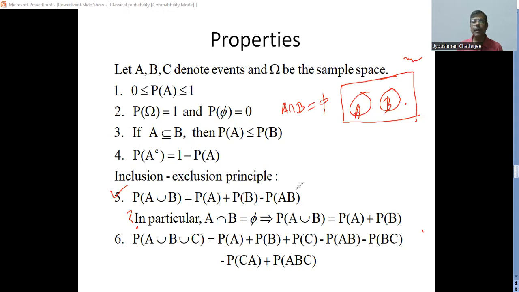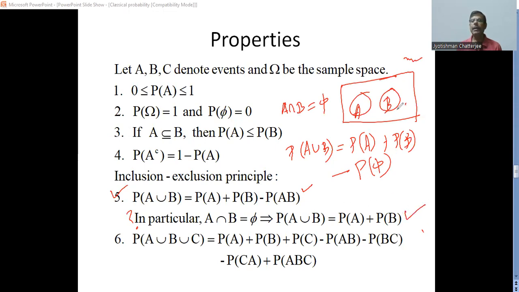So if we put that in this formula, what we get is P of A union B equals PA plus PB minus P of null set. And P of null set is 0. So that's why you get this one when the diagram is like this, in other words, when A and B are disjoint.